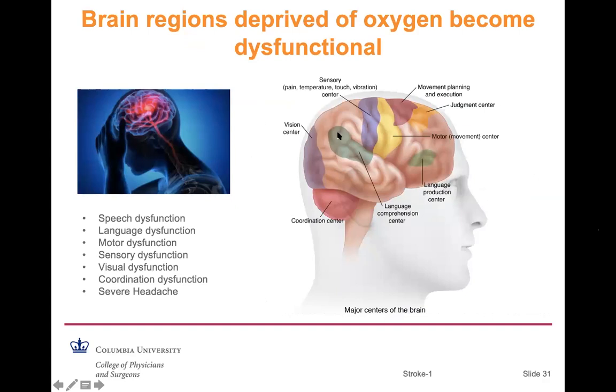But this is just to emphasize that depending on the region of the brain, the motor cortex, the sensory cortex, the supplementary motor cortex, the visual cortex, Wernicke's area, the language comprehension cortex, or Broca's area, the language production area, if any of these areas are affected selectively by a blood vessel, then those functions will be affected.